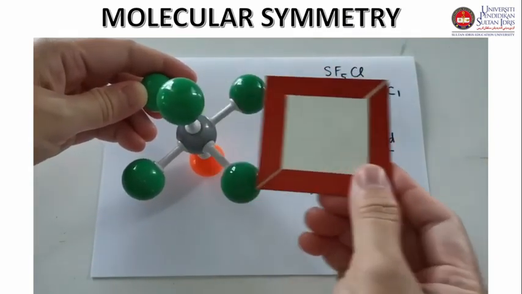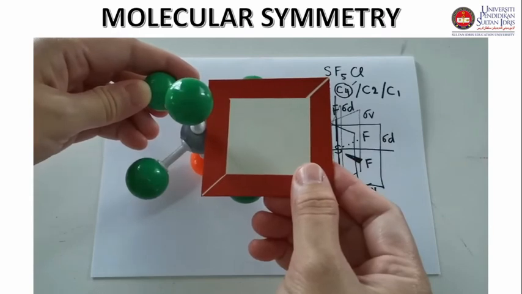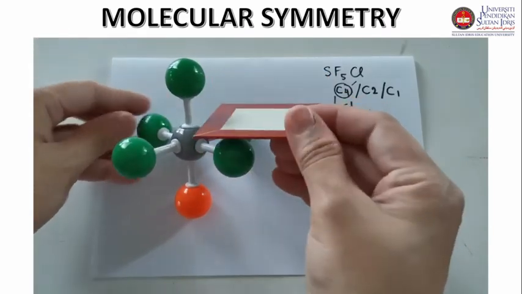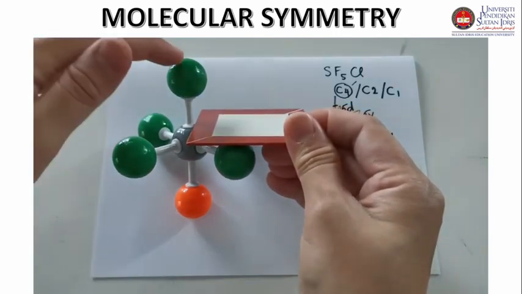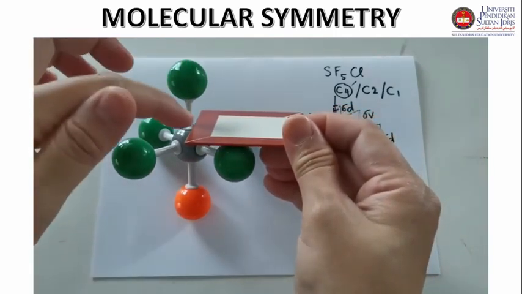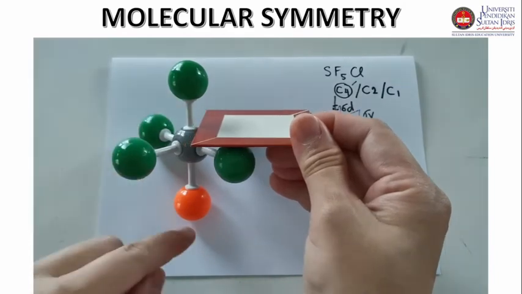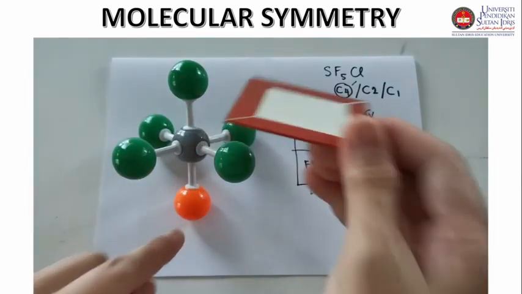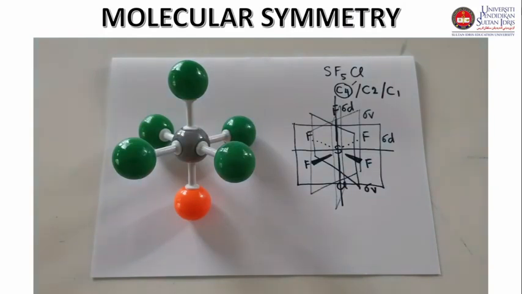We pass the plane along this axis, horizontally, but we do not get an equivalent configuration because it does not reflect equally. This atom is different, and through this atom we obtain a different atom below. So there is no horizontal plane, which means there is no sigma h plane, so the S4 symmetry operation does not exist in this molecule.